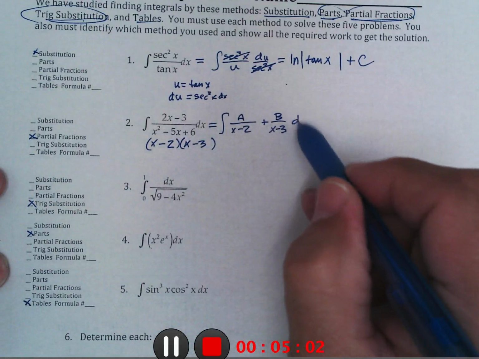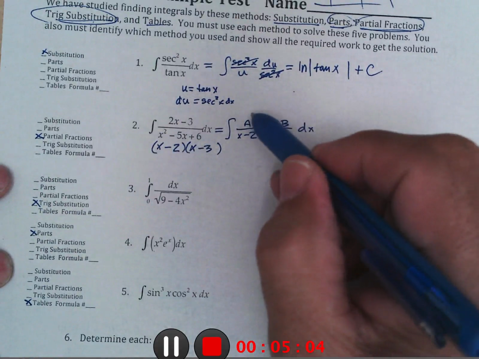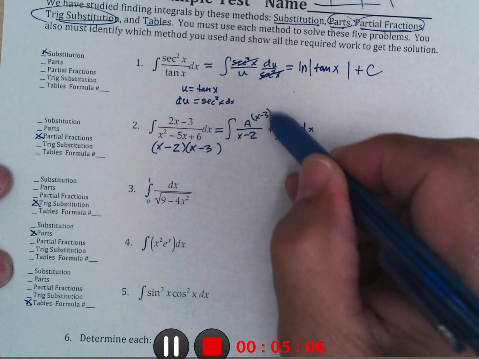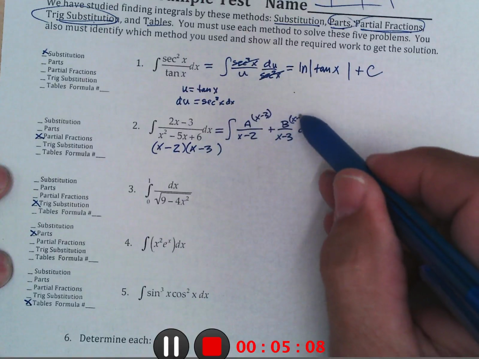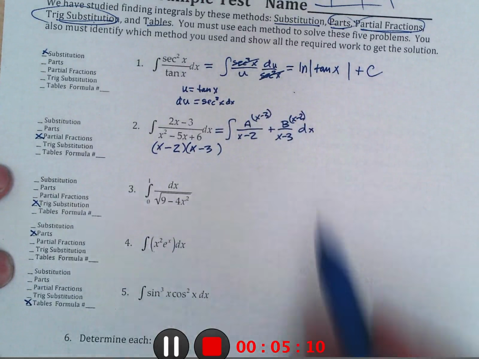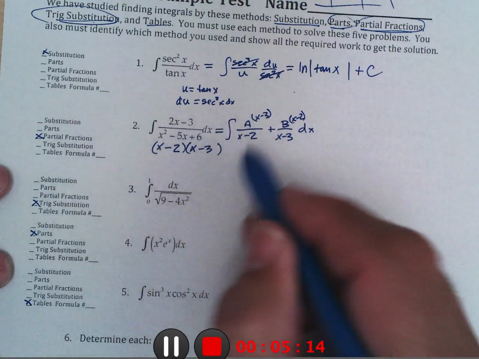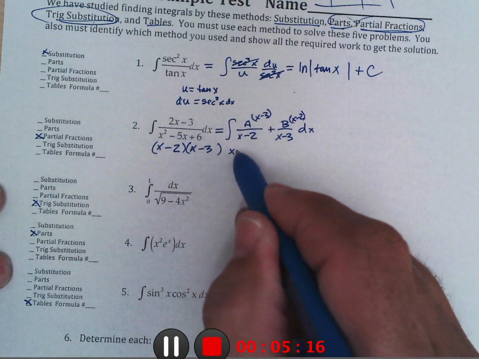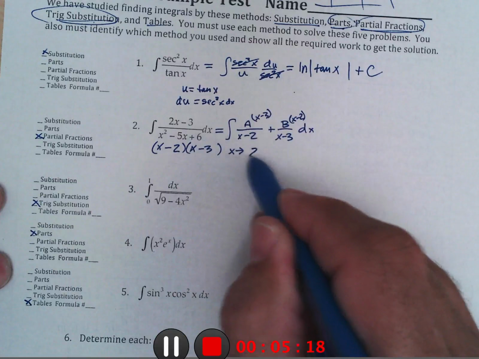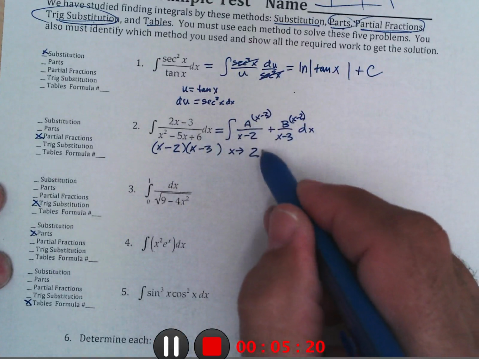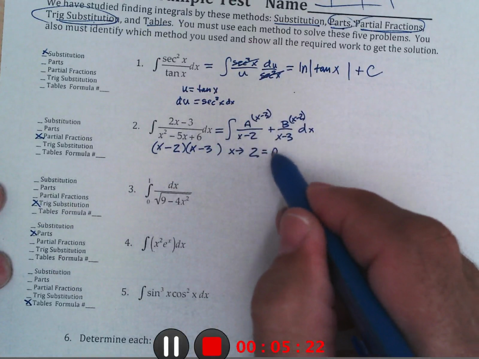So this one's going to have to be times x minus 3. This one times x minus 2. And so I'm only going to have x's and a constant. My x's, I'm going to have 2 x's here, and I'm going to have a x's and b x's, a plus b.